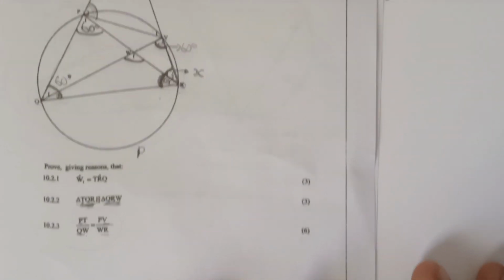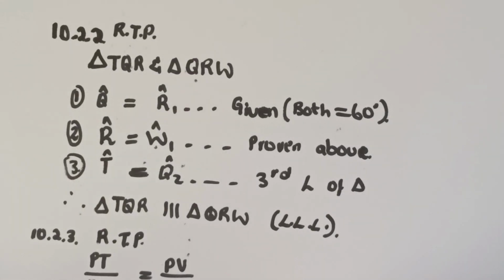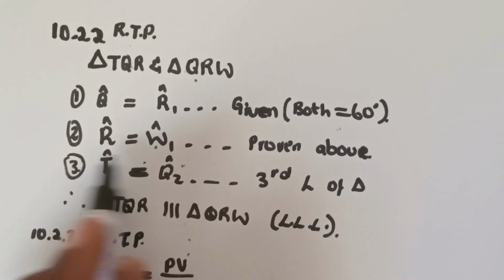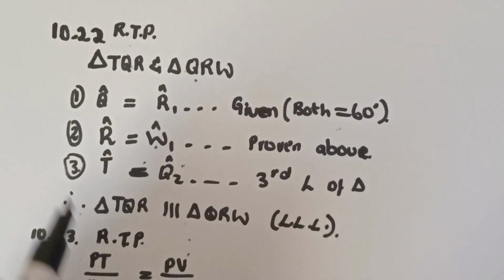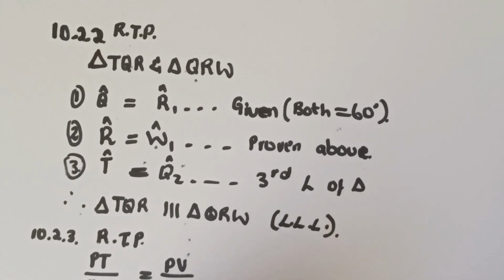Anyway, we said here on this one, the third angle of a triangle, angle T is equal to angle Q1.